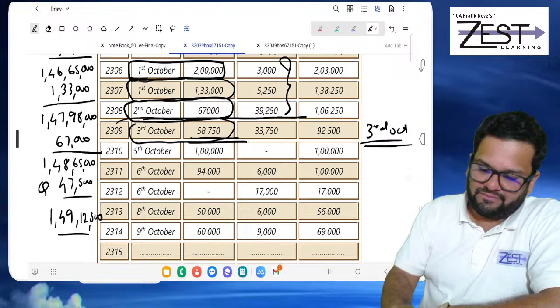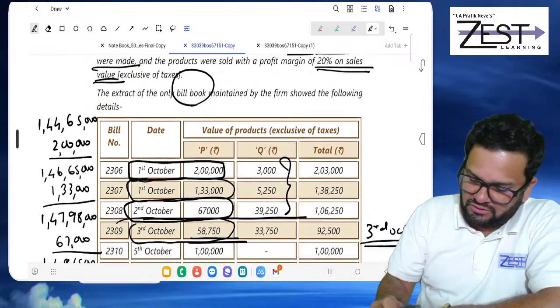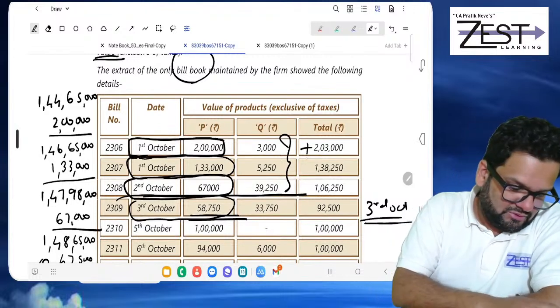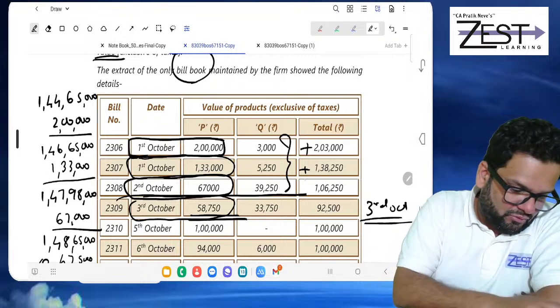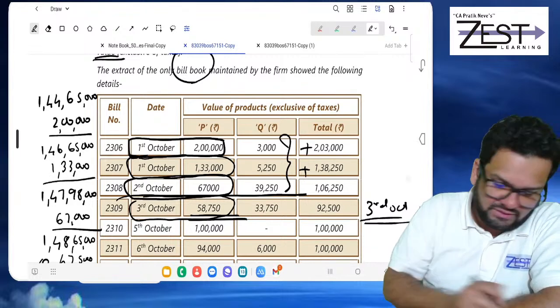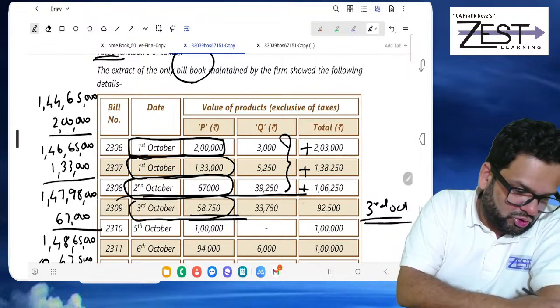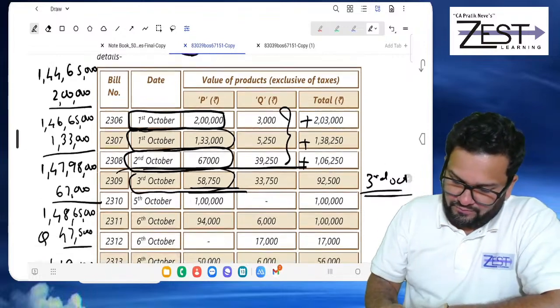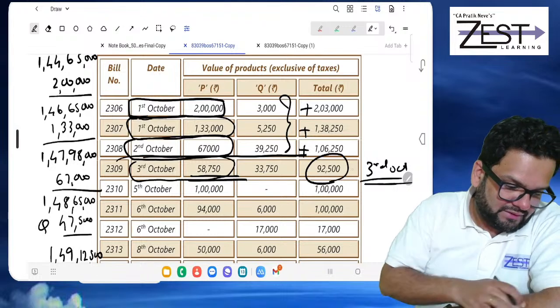See, 1 crore 44 lakh 65,000 plus 2 lakh 3,000 plus 138,250 plus 1 lakh 6,250. And now on 3rd October 92,500.